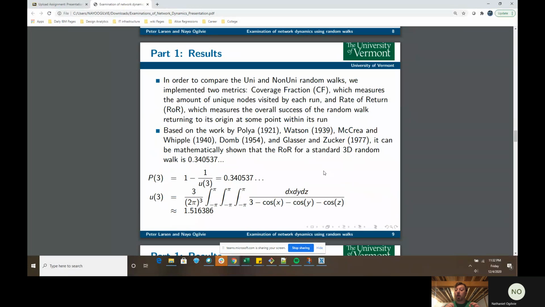Mathematically, we are able to calculate the probability of the rate of return for a standard 3D random network. It's about 34% likelihood that a 3D random walk will return to its origin at some point.